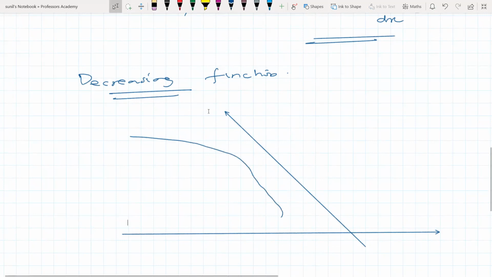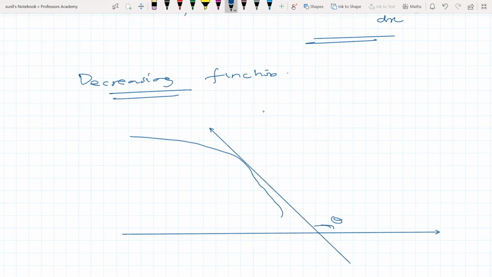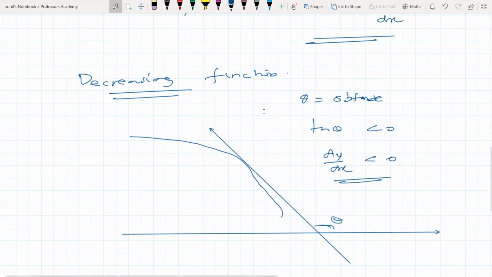You can see that the tangent will be something like this. You see this angle theta is obtuse. Theta obtuse means tan theta becomes negative. We know that tan theta is dy by dx only. If the tangent angle is theta, then dy by dx is tan theta. So this is for decreasing and increasing functions.